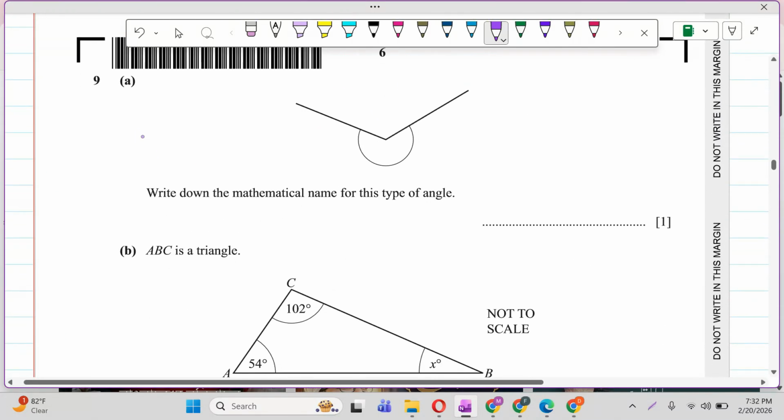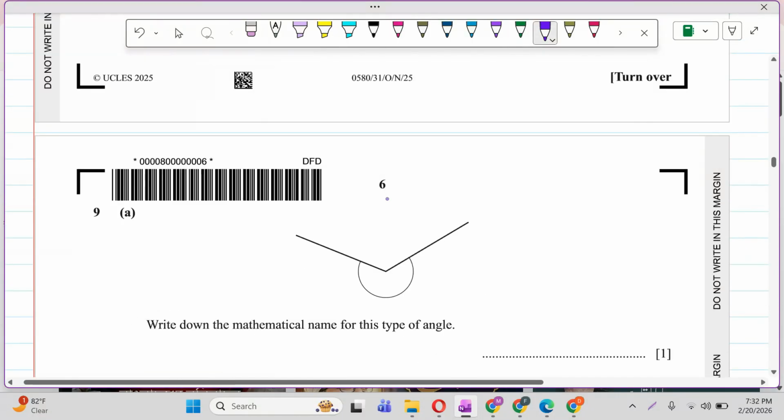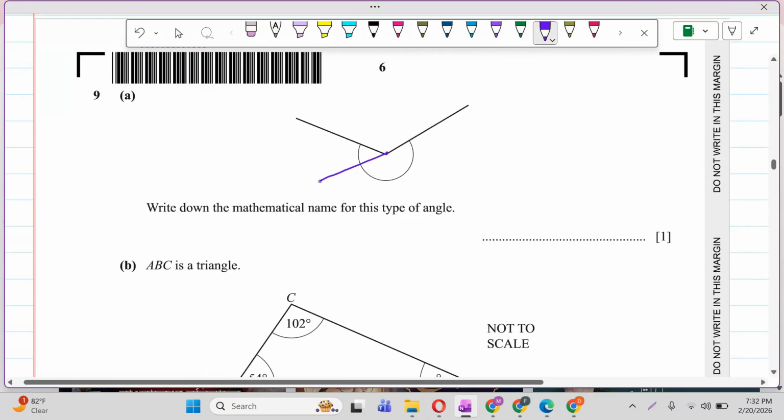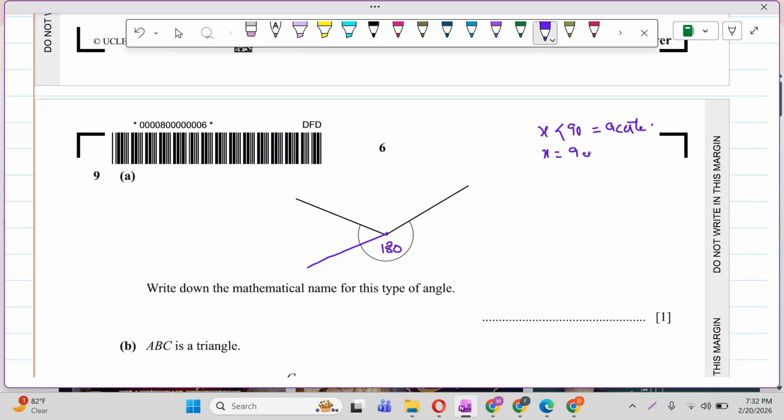Question number 9. Write down the mathematical name of this type of angle. You can see when we extend this line, this angle is 180 and the total angle is greater than 180. When the angle is less than 90, it is an acute angle. When the angle is 90, it is a right angle.